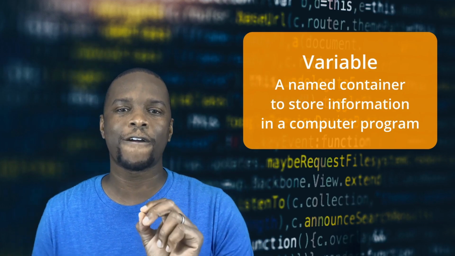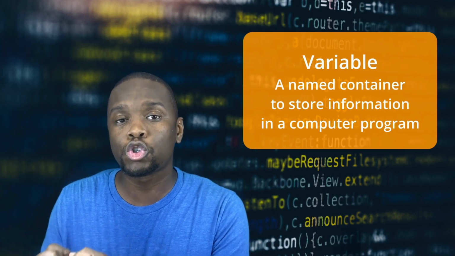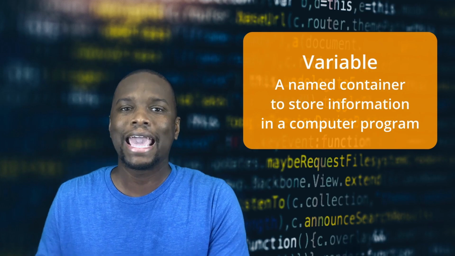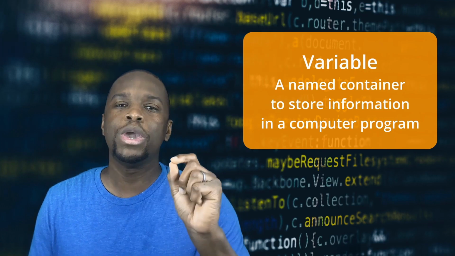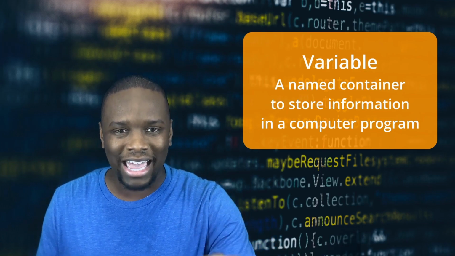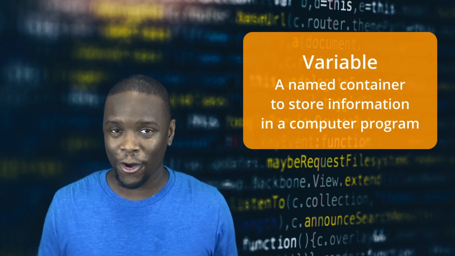Instead of just having our values out like my sandwich on a conveyor belt, we want to store that information in named containers. Then we can use those named containers, and it's a lot neater for us to use in our code.